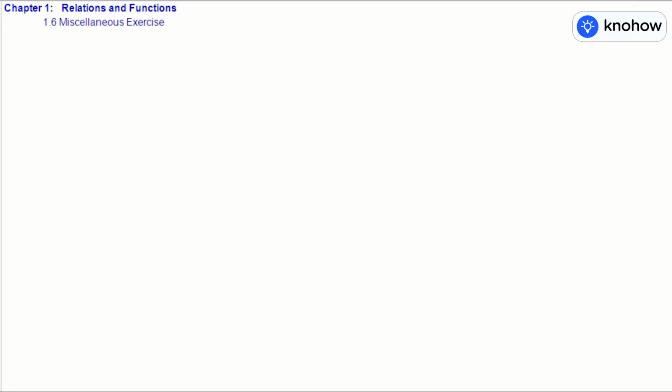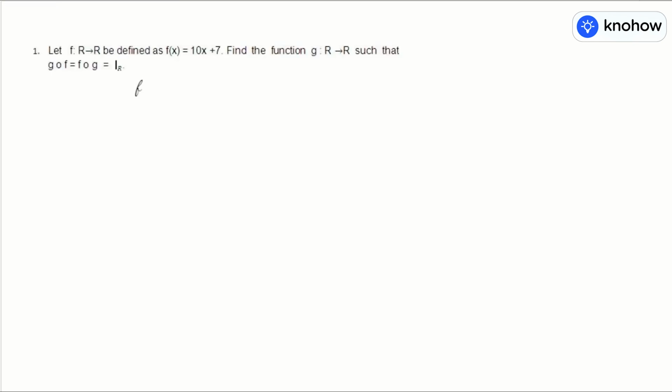Let f be a function from real numbers to real numbers defined as f(x) = 10x + 7, where x is any real number.